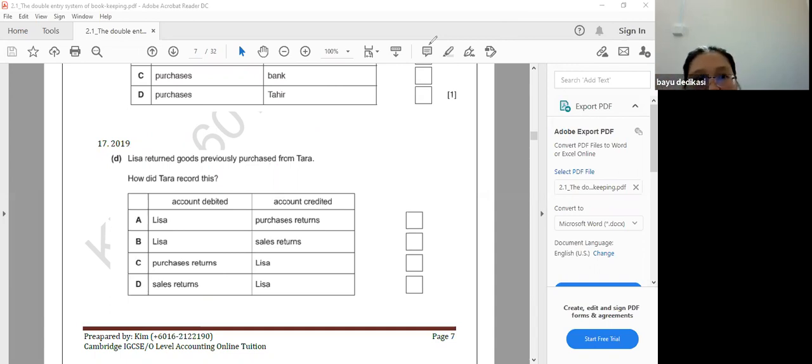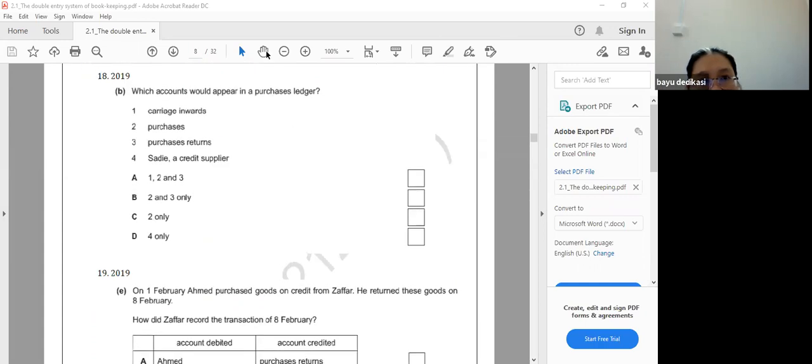Okay, we continue. Which account will appear in a purchaser's ledger? The purchaser's ledger is to record individual suppliers, which is trade payable. What will appear in the purchaser's ledger?